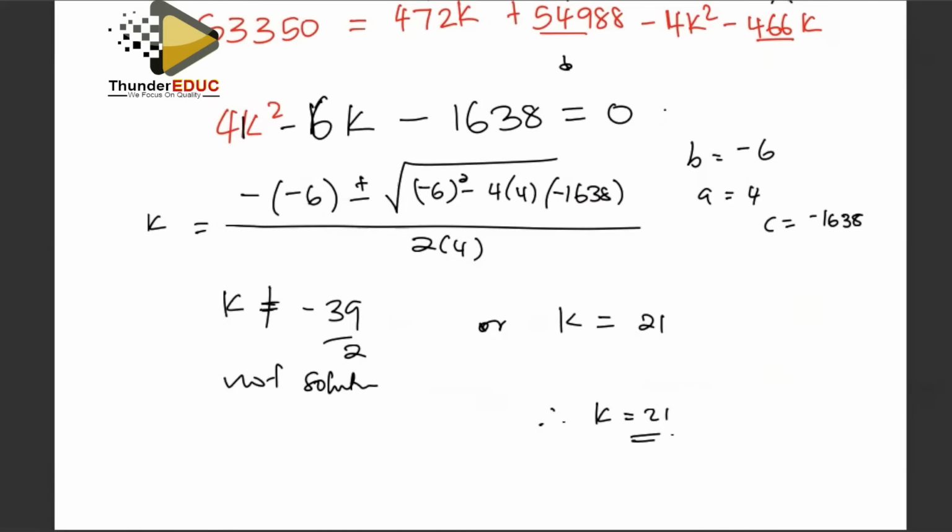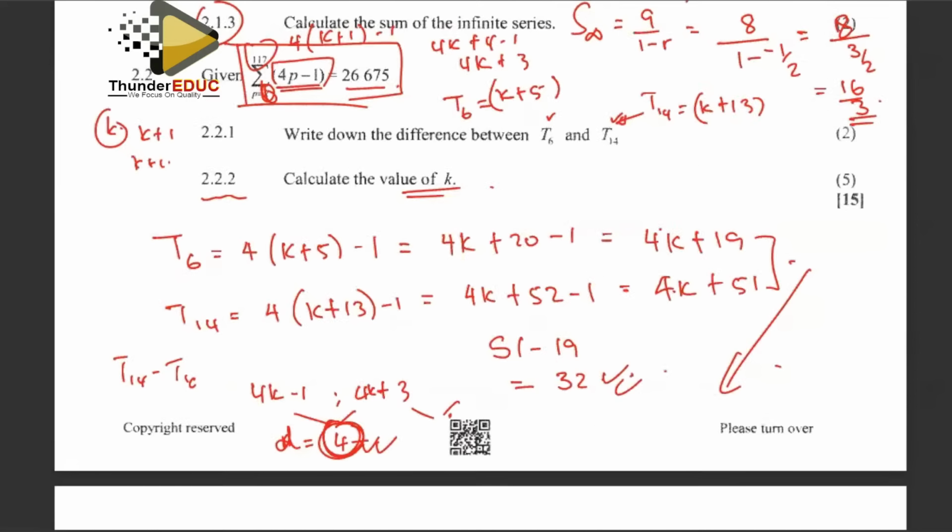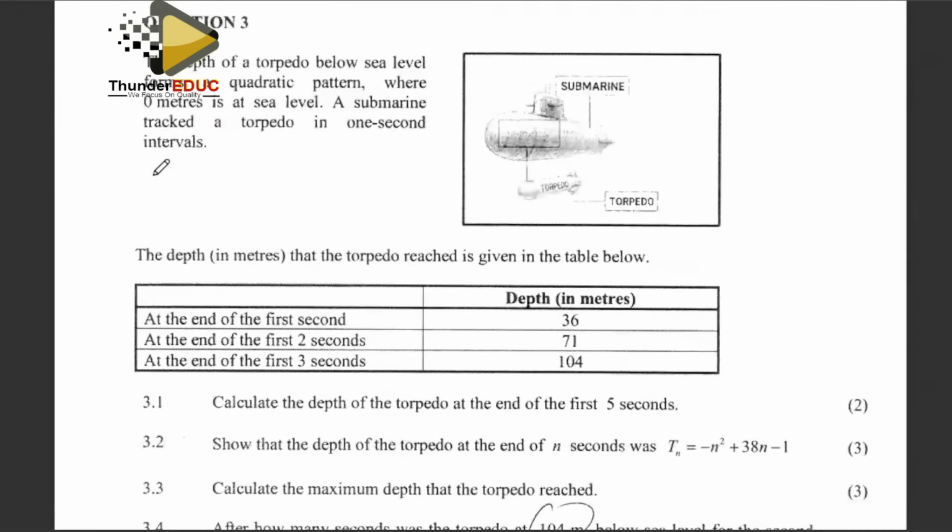All right, so that is how I would have gone about those 5 marks. Okay, question number 3. They're telling us that the depth of a torpedo below sea level forms a quadratic pattern. Okay, that is key, where 0 meters will be at the sea level. And then a submarine tracked a torpedo in 1 second intervals.